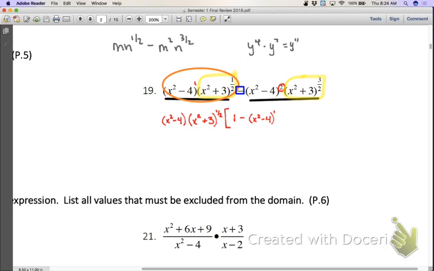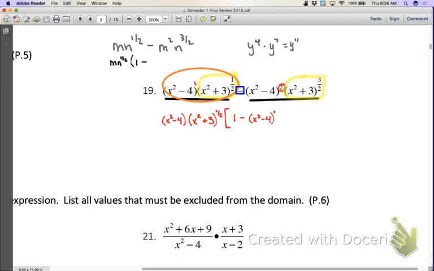You would still just take out one m, right? All you would do here was take out an m out of each one. You would take out an n to the 1/2, and you'd have 1 minus, right? It's the same idea, it's just your base is a little more elaborate than if it was just a regular single term.